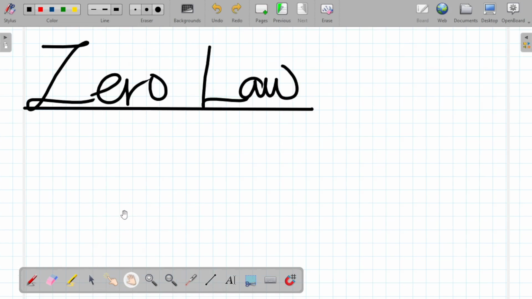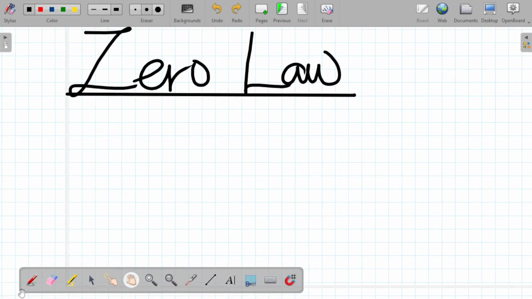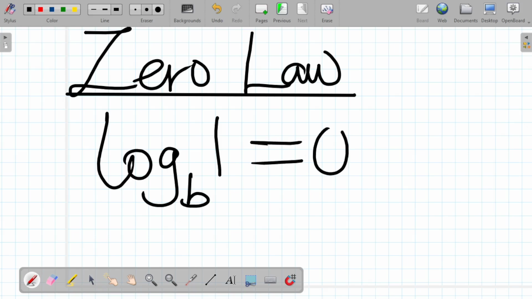Alright, let's consider the next law, which is the zero law. The zero law states that the log of 1 to any base is 0. So if we have log 1 to base b, log 1 to base b is 0.